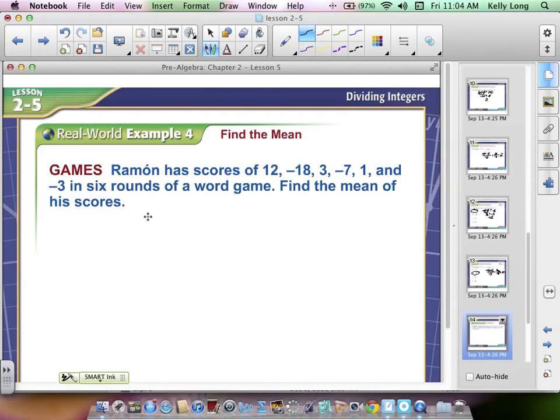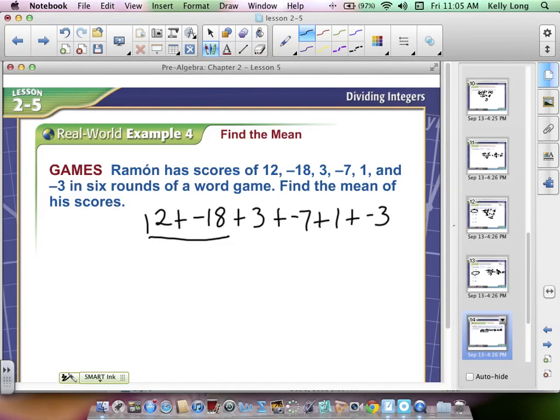All right, so let's just add these together. I've got 12 plus negative 18 plus 3 plus negative 7 plus 1 plus negative 3. Let's just take it a step at a time. Get your foldable out if you don't remember your rules for addition and subtraction.